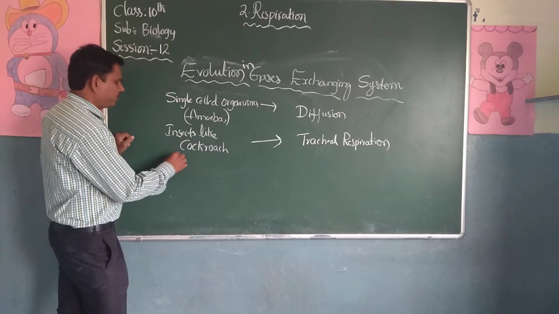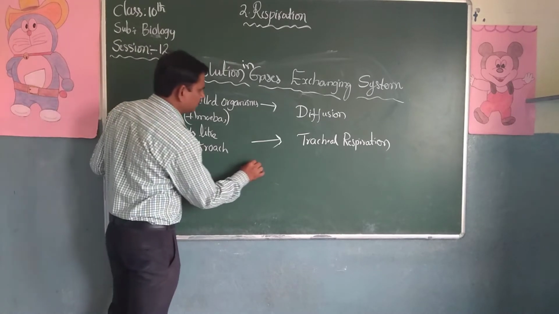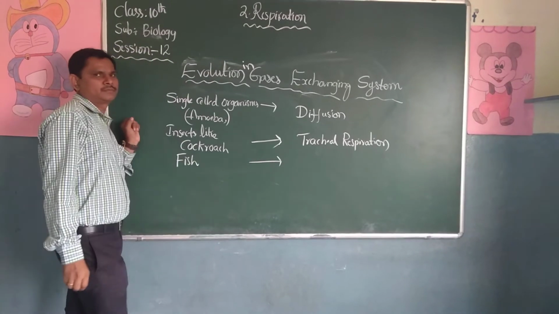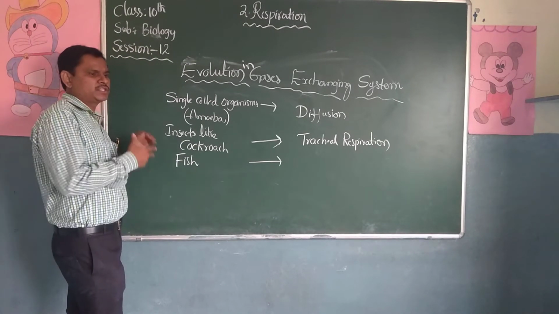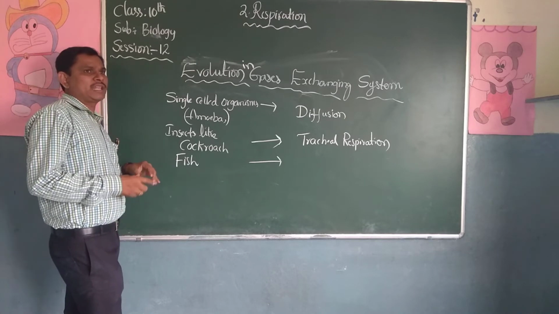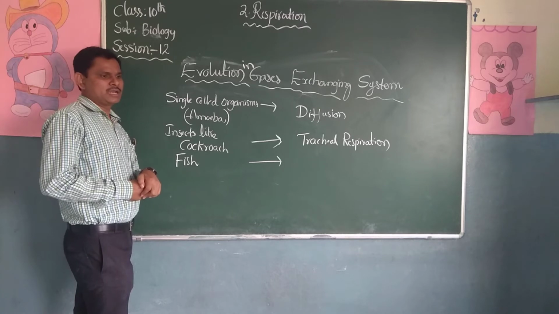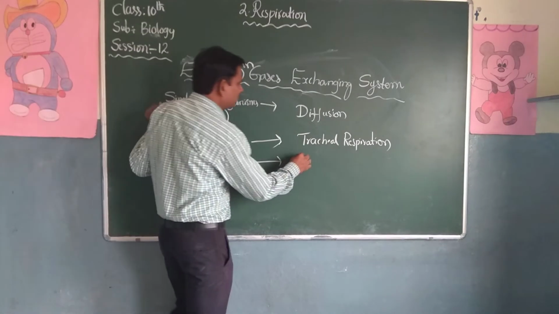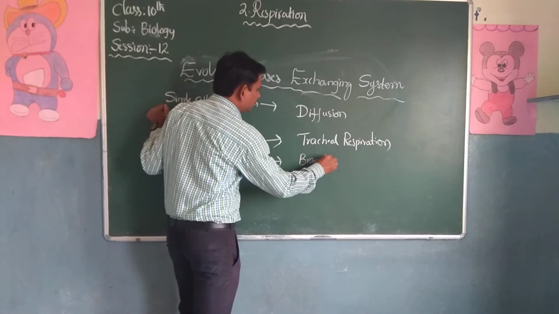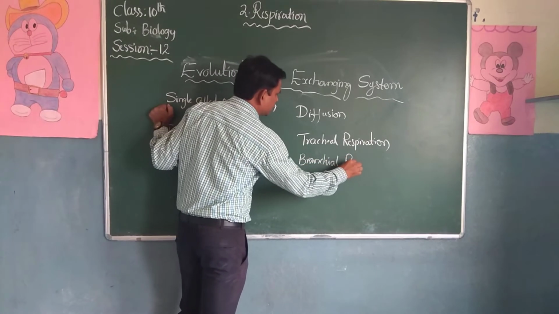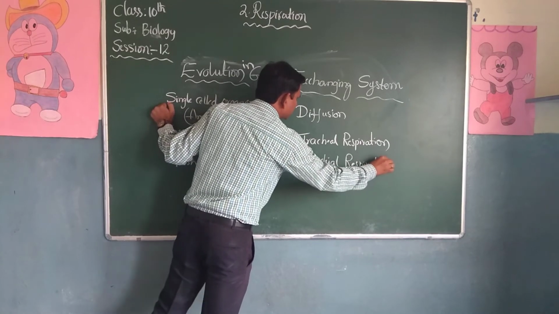Next one is fish. Fish live in water, so it's an aquatic animal. In the fish, there is a specialized structure like gills. The gills carry out branchial respiration. Branchial respiration takes place in the fish.